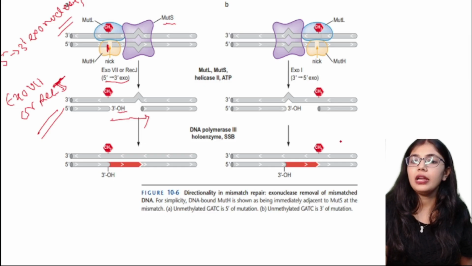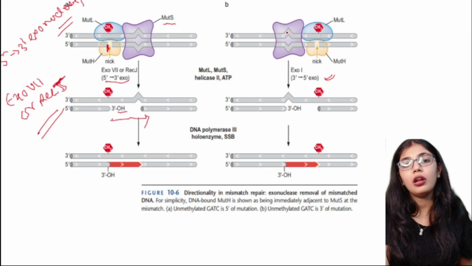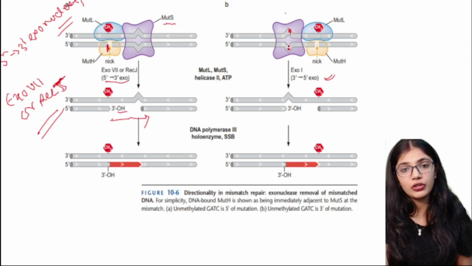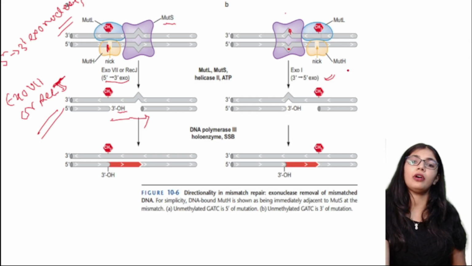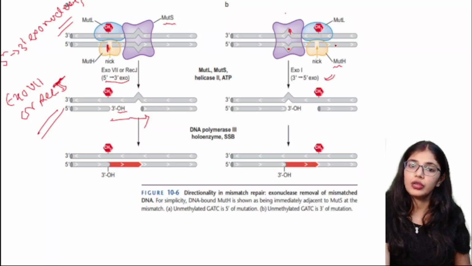Okay, so what if there is some other nuclease like the 3' to 5' exonuclease? So here there is a mutation in this region, or we can say that there is a mismatch in this region, but the recruitment of MutH is taking place in this place. Okay, so during this time it needs to be removed.